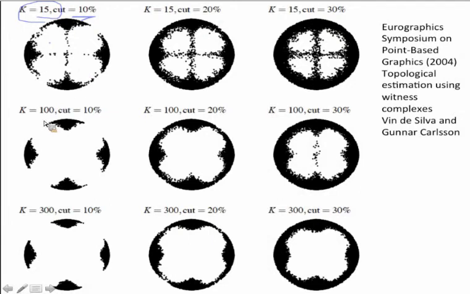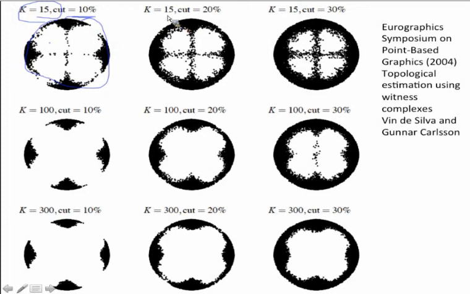We can also do k equals 100 or k equals 300, and you can see that you get different things with the cut of 10%. It isn't until our k is 15 that we start choosing more of these points to get a circle.